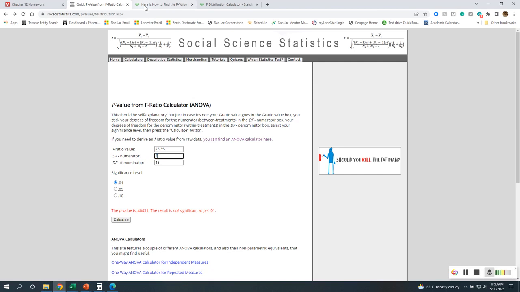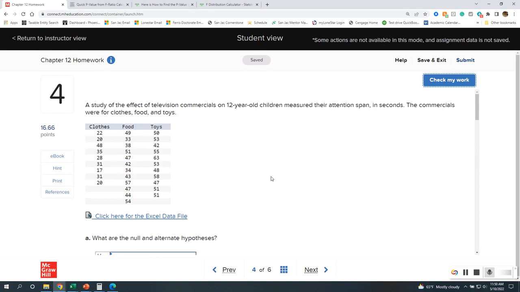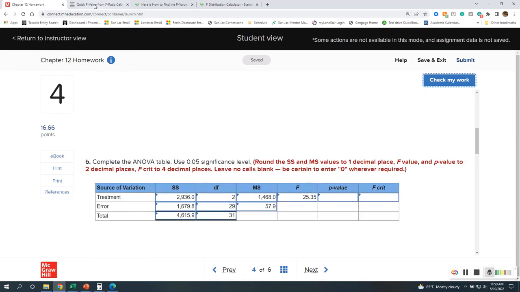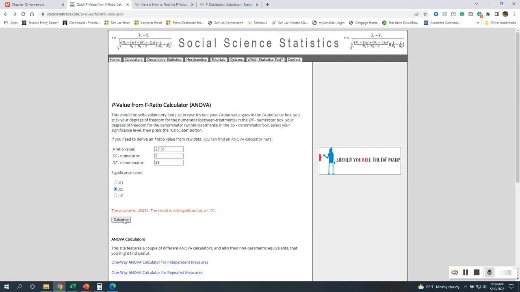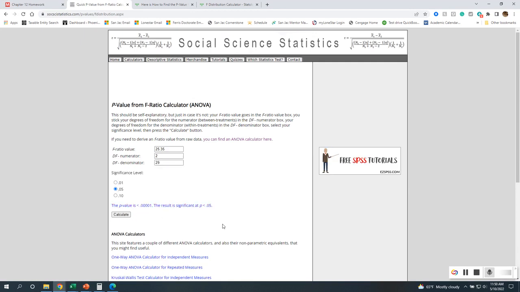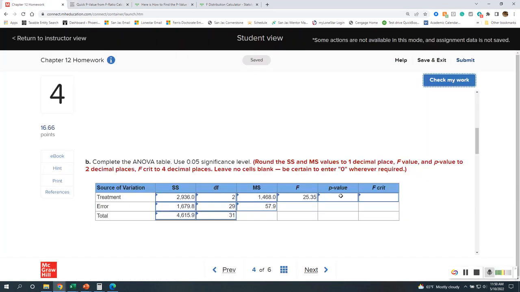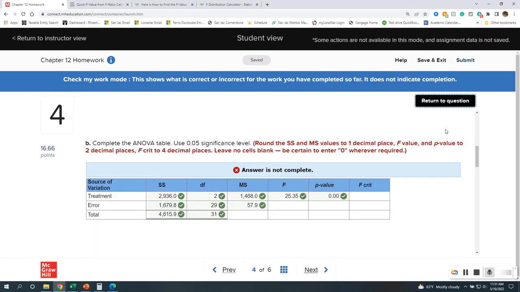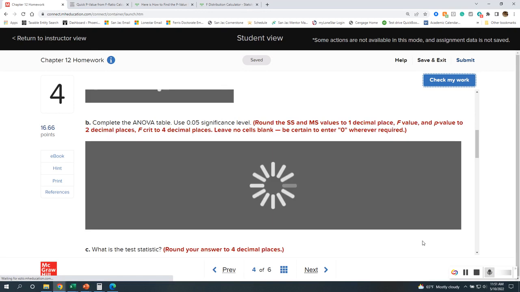Degree of freedom in the numerator was 2. We are left with 29. And we have a significance value 0.05. Calculate. We have like 0.00001. So basically, since I can only do 4 decimal places, 0.000. And we are correct. Yes.